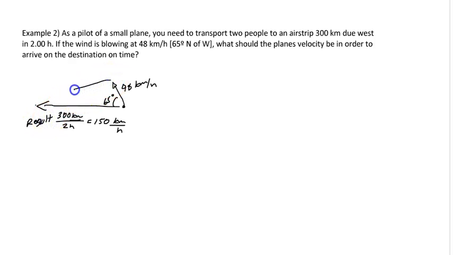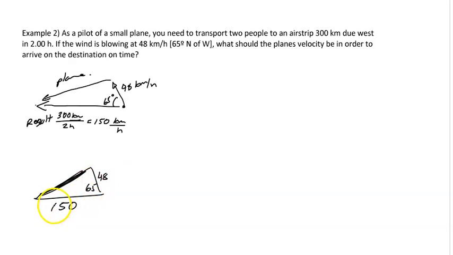And so the plane is going to need to come this way. Now, if you recognize this triangle as simply being 150, 65, 48, and we're looking for this side, well, then you can use the cosine law.